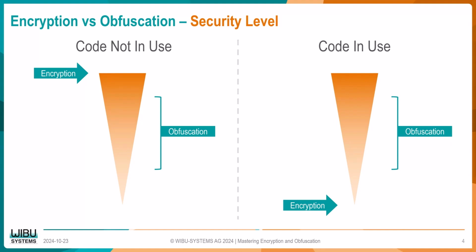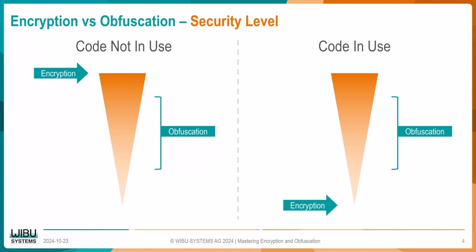Here you see that encryption is the best possible way to secure your code when the code is not in use, because these are security-proven techniques like AES, which give you the highest possible security. Obfuscation is here in the middle. It somehow depends on what technique is incorporated, and it cannot really be estimated, but it's in the middle.